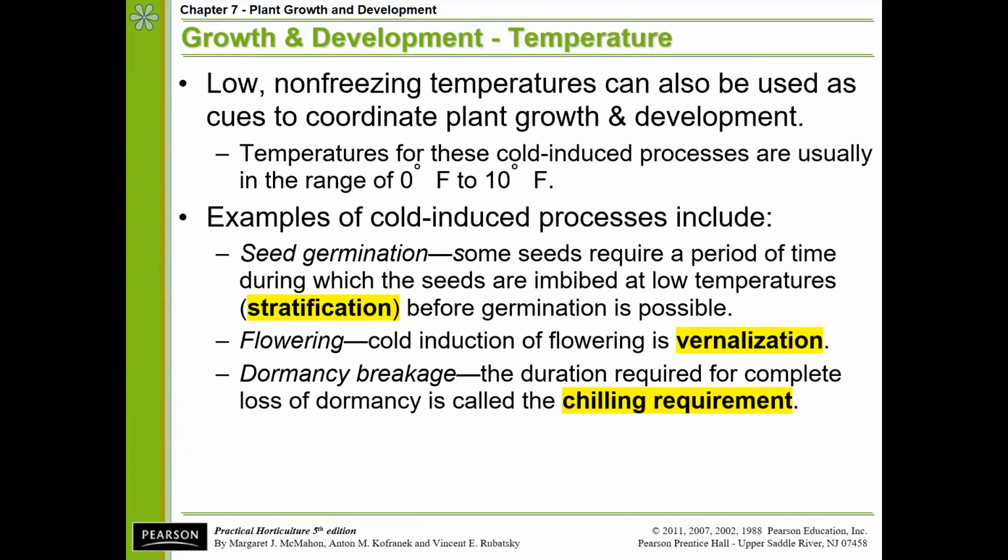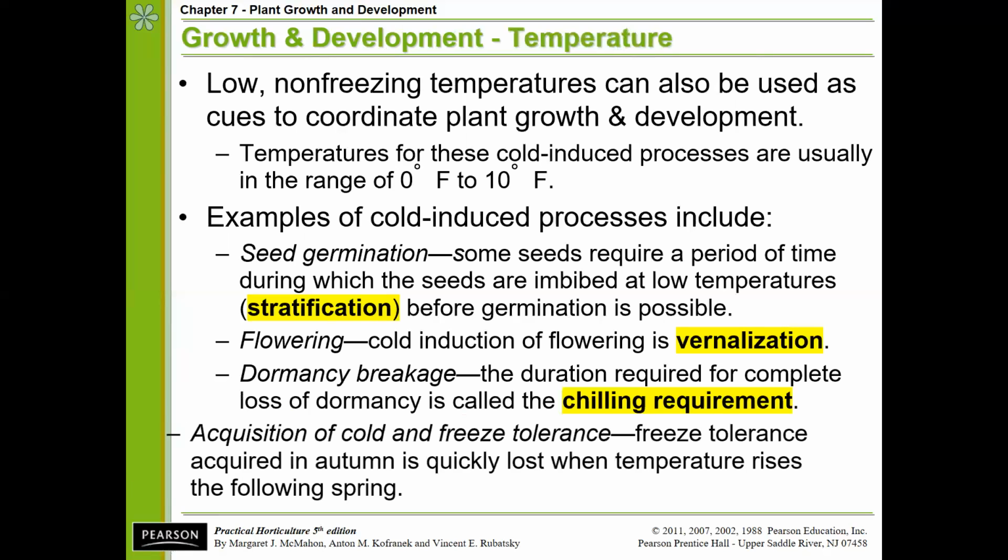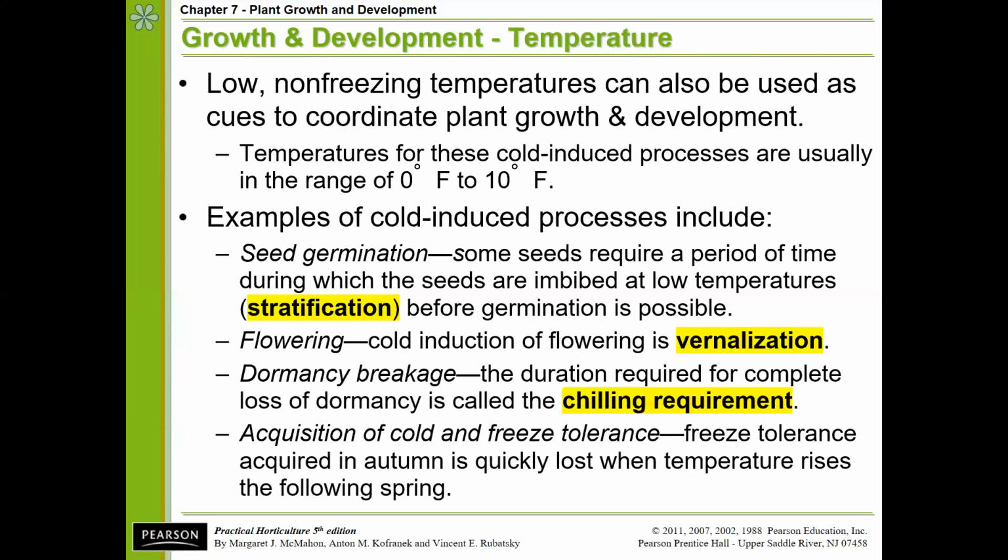For instance, in biennials, we have to have a vernalization period in order for them to be able to flower the next year. We'll also see dormancy breakage as a response to chilling requirements. And if anybody is interested in growing things like apples or other temperate fruits, we have a certain number of chilling hours that we have to receive in order for the plants to be able to break dormancy in the spring.